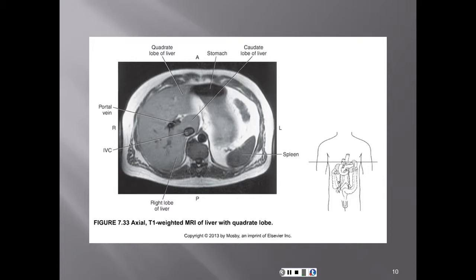Here we have an axial T1 weighted MRI of the liver with the quadrate lobe. In this depiction, we should be able to identify the liver, the portal vein, the stomach, the spleen, the inferior vena cava, as well as the aorta.